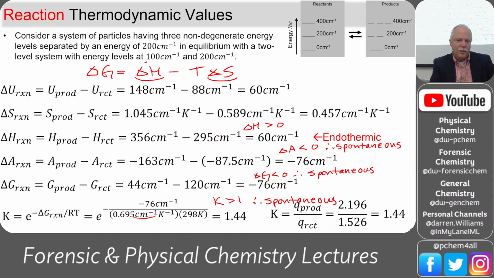So if this number is positive, meaning it's endothermic, we have to have a larger positive delta S. And it's temperature dependent, right? So I could raise the temperature, lower the temperature, and I could increase the entropy effect and overcome this enthalpy effect to make it spontaneous. So the entropy is what's going to drive spontaneity by making it less than zero, making it negative.